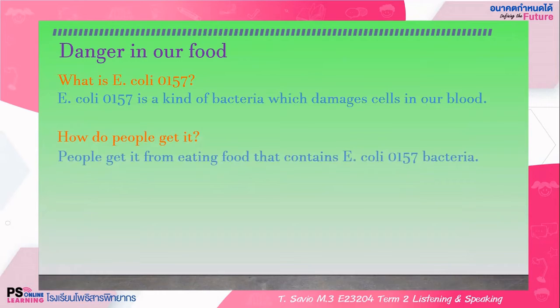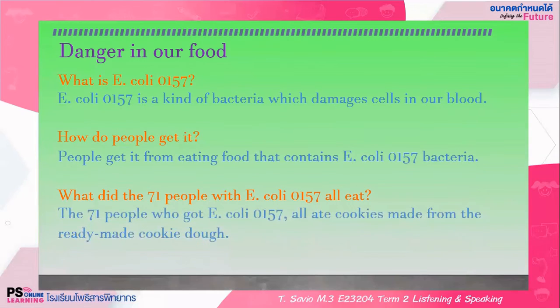People get it from eating food that contains E. coli 0157 bacteria. What did the 71 people with E. coli 0157 all eat? The 71 people who got E. coli 0157 all ate cookies made from the ready-made cookie dough.